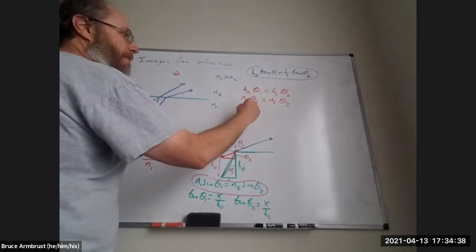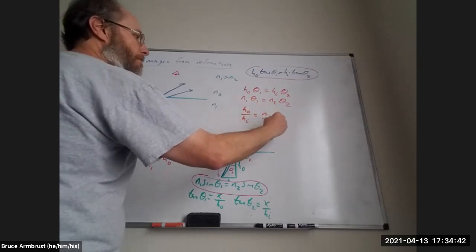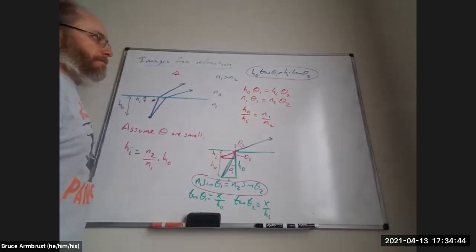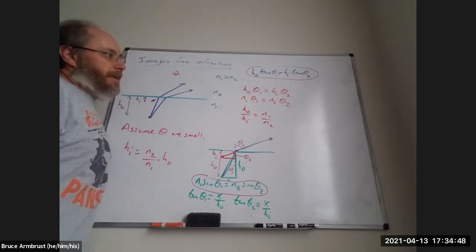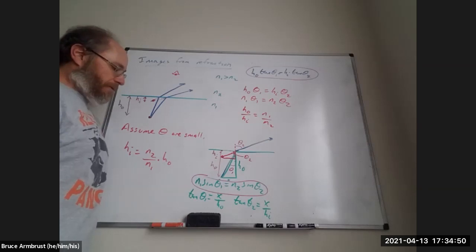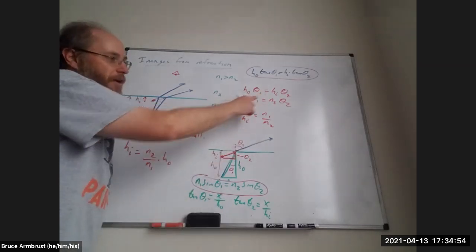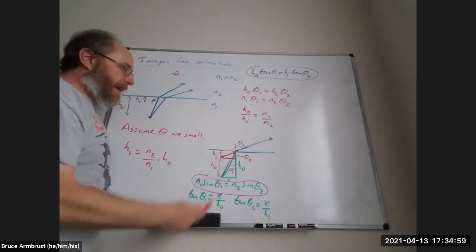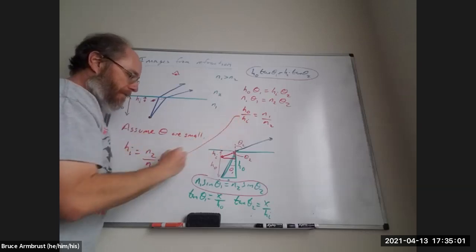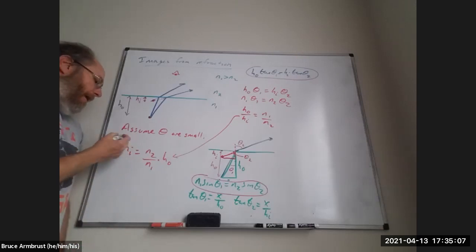If we do the same kind of trick we did with the images from reflection, you're going to get HO over HI equals N1 over N2, if you just solve it for a ratio of theta 2 over theta 1. And it takes one more step to bring us to this. All right, so let's put a box around this one.